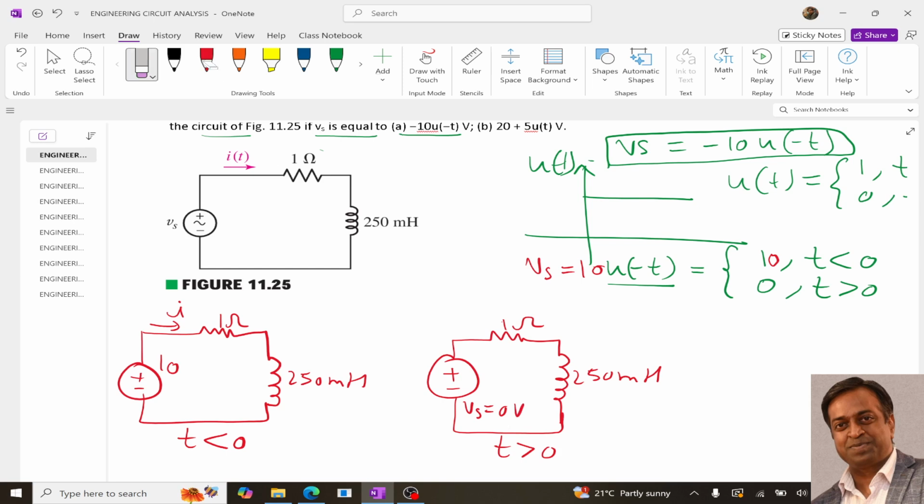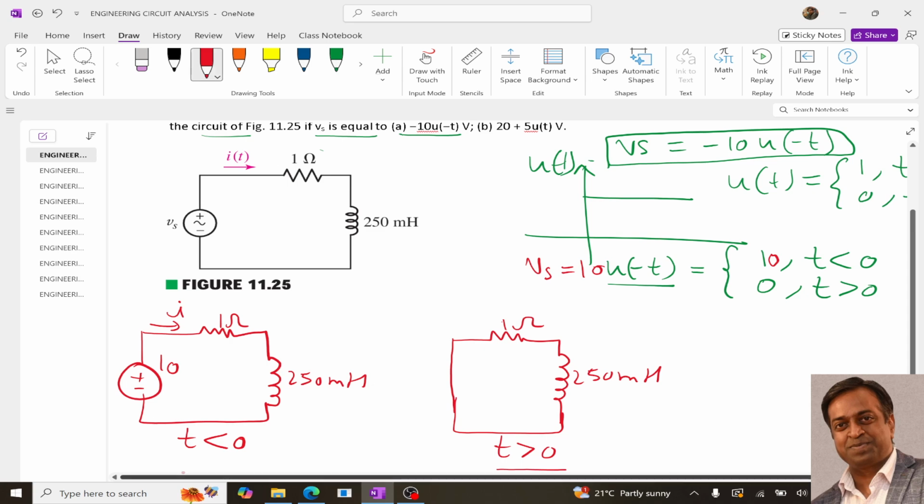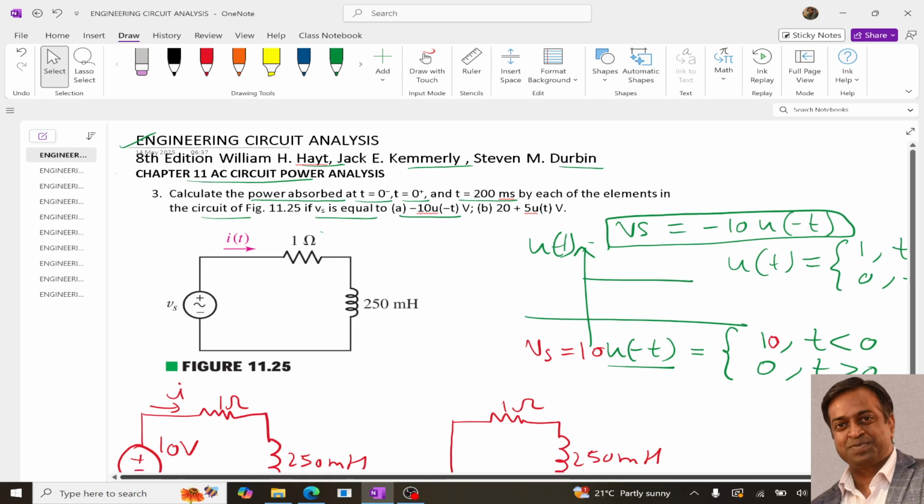Since it is 0 volts, it simply means that we can replace this source with a short circuit. So our circuit will look like this when t is greater than 0, and when t is less than 0, only the voltage source is there. Now the question says that we need to determine the power for t equals 0 minus and 0 plus.